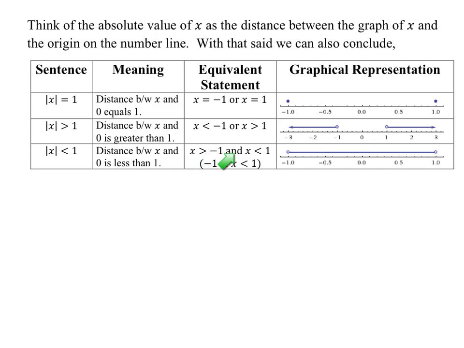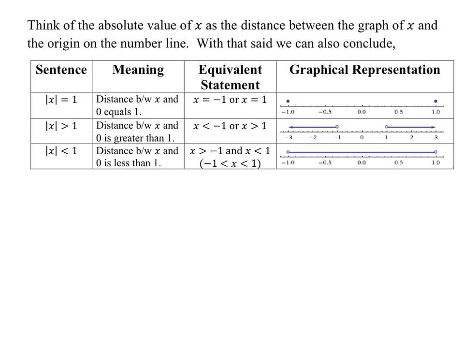I can write it with the word and, or I can write it as a compound inequality, as we've been doing, in solution set form. So when we see a greater than sign, we think or. When we see a less than sign, we think and, assuming the variable is on the left and the number is on the right.